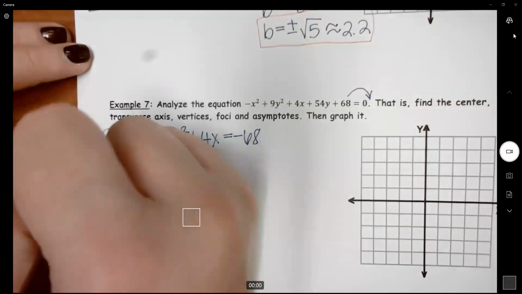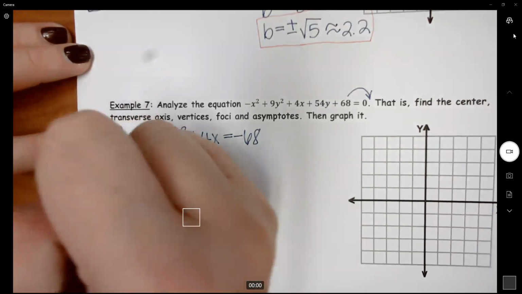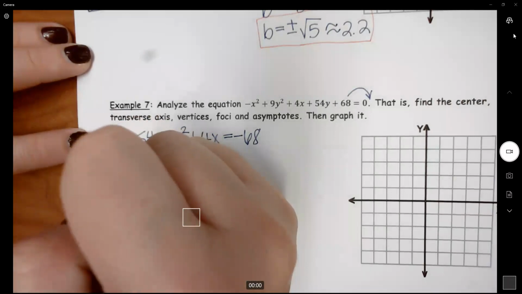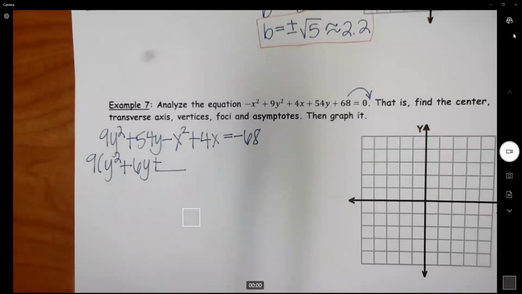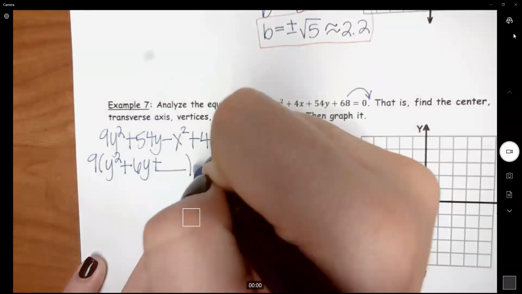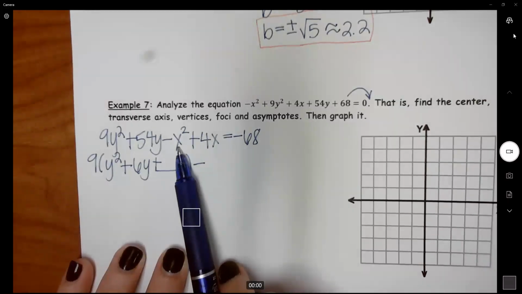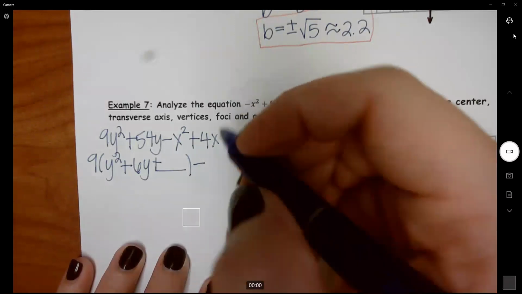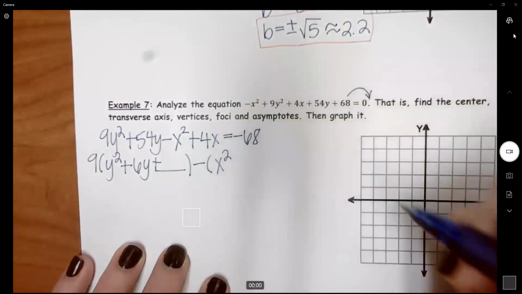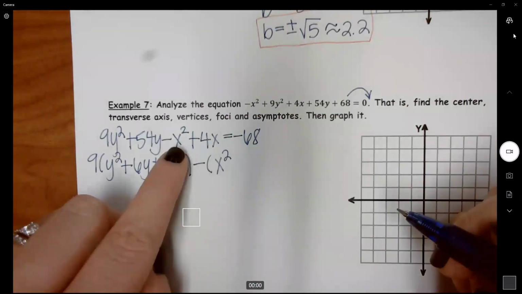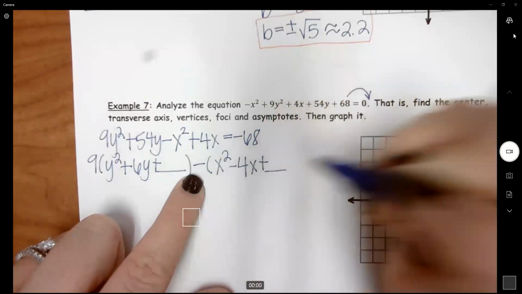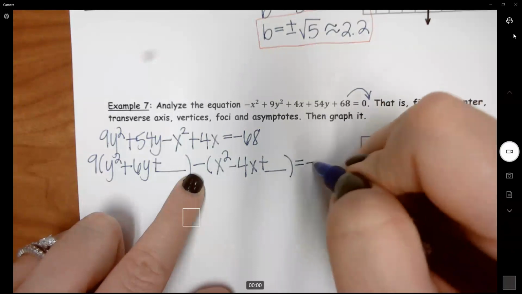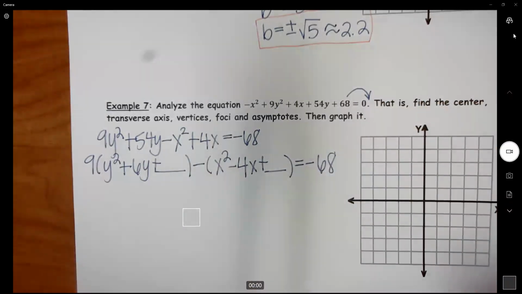So in this one, we're going to factor out a 9, which leaves me with y squared plus 6y plus, we're going to leave some room, minus, and I still want this to be positive, so I'm going to take out this negative with it. When I take out a negative, that's going to leave me with now a positive x squared. 4 divided by negative is a minus 4x. And then we will add something here. And this still equals negative 68.